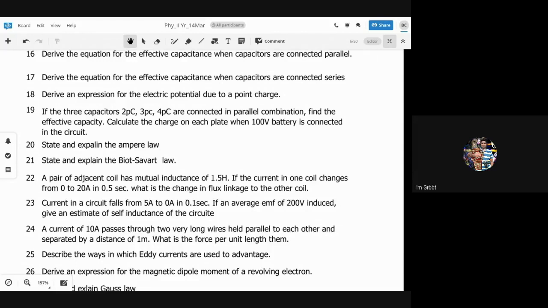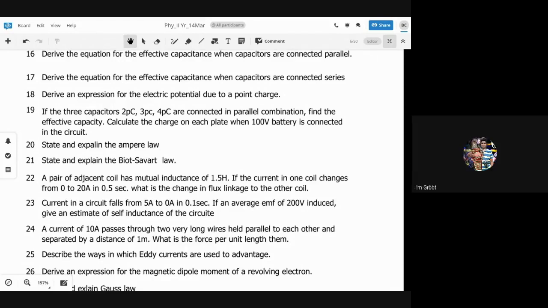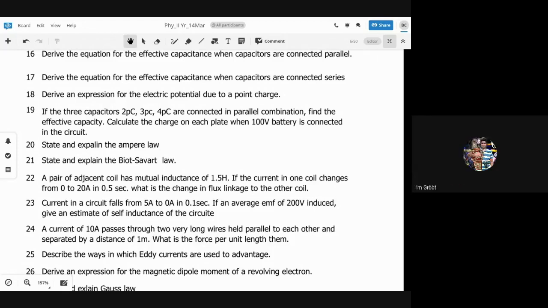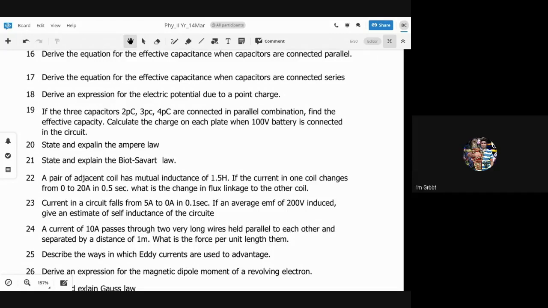We can't hear your voice clearly, Mahesh Babu. Are you in journey? Where are you, Mahesh Babu? Are you in the home? Okay, no problem.